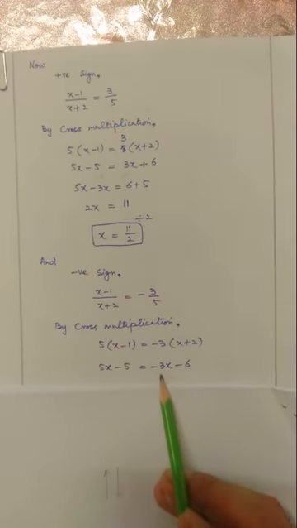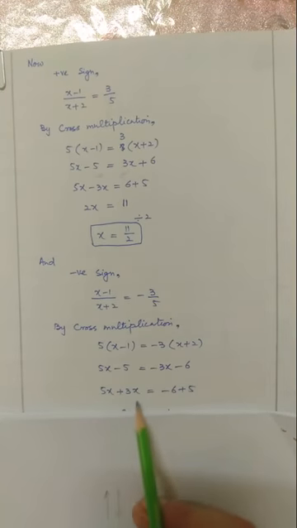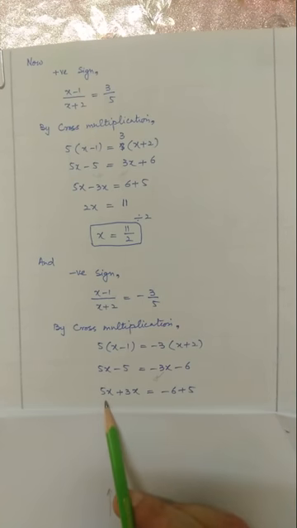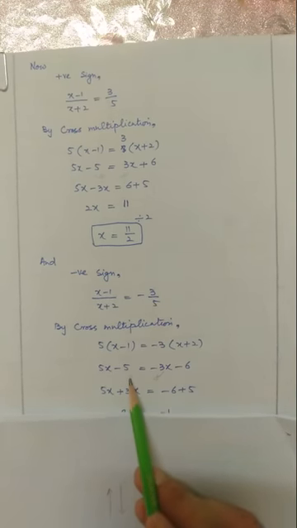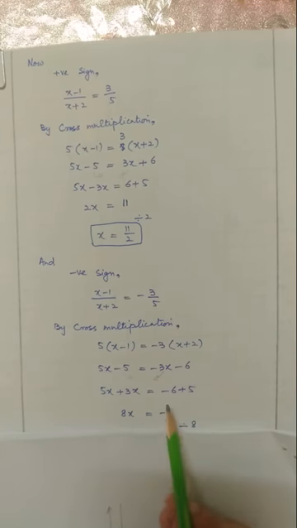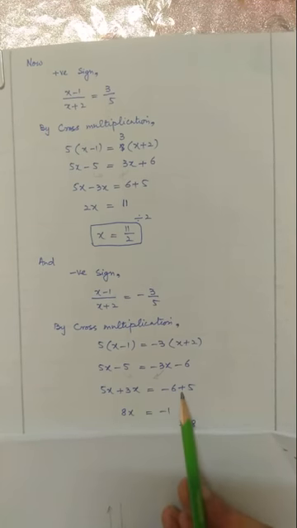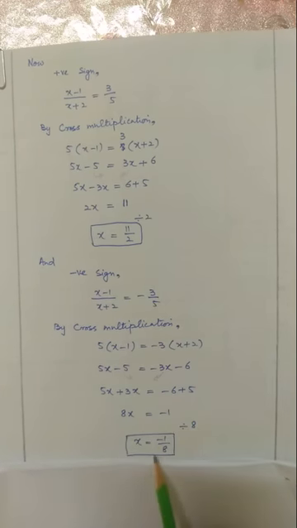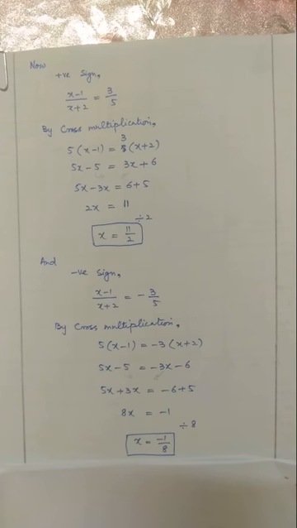Minus 3x minus 6. Now, shift this 3x to the left hand side and this 5 to the right hand side. So 5 plus 3 is equal to 8x. Minus 6 plus 5 is equal to minus 1. Now dividing by 8, so x is equal to minus 1 over 8. This is the answer.